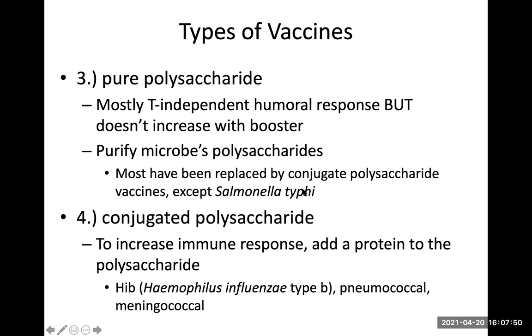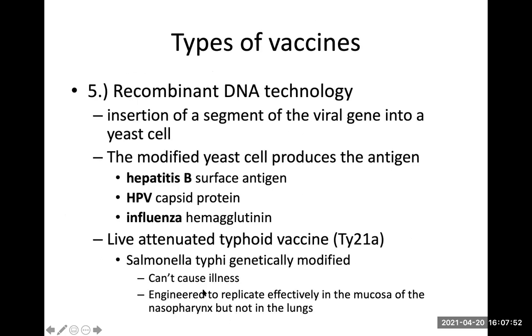It's not very effective. It doesn't last very long. Now we learned how to use some DNA technology to modify the Salmonella typhi so that it's not able to cause illness, but it can cause a much more effective immune response. So if it's possible, if you're traveling and you need the Salmonella typhi vaccine, this would be the one to get. This will be much more effective at preventing the disease.